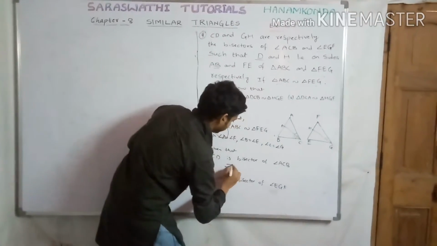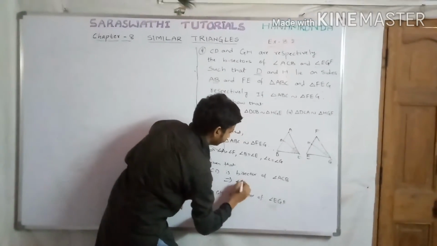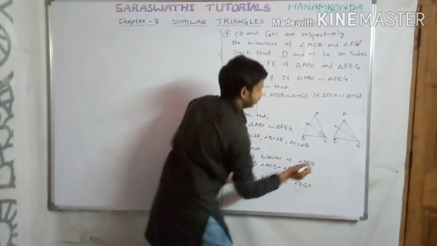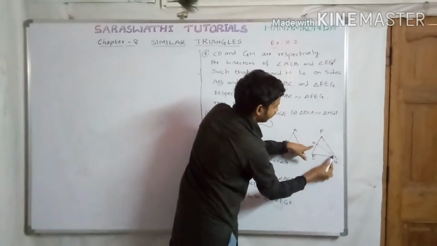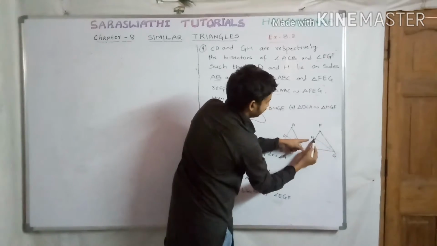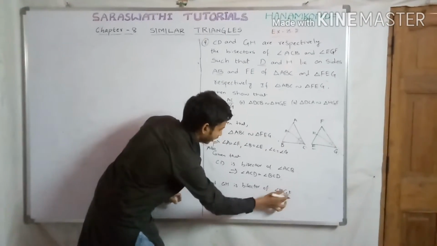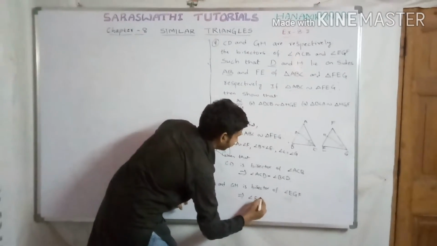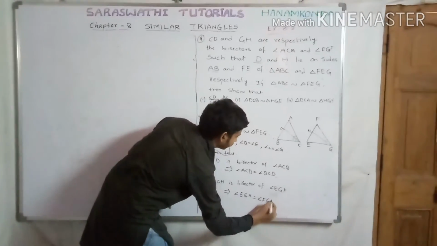Similarly, GH is bisector of angle EGF, that means GH divides the angle into two equal angles, so angle FGH equal to angle EGH.